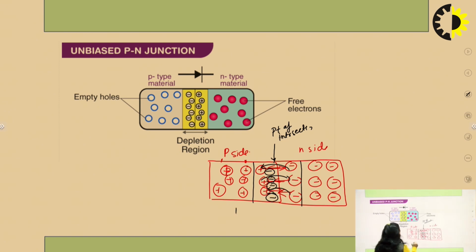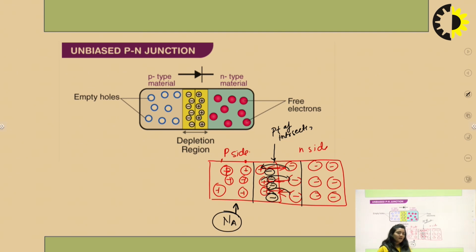Negative ions, why? Because the P material is doped, the doping element is Na, the acceptor doping element on the P side. The ions of Na are acceptor ions. Acceptor ions means it has the tendency to accept one more electron to form the octet, to fulfill the bonding condition, to become stable, which we have studied in physics.